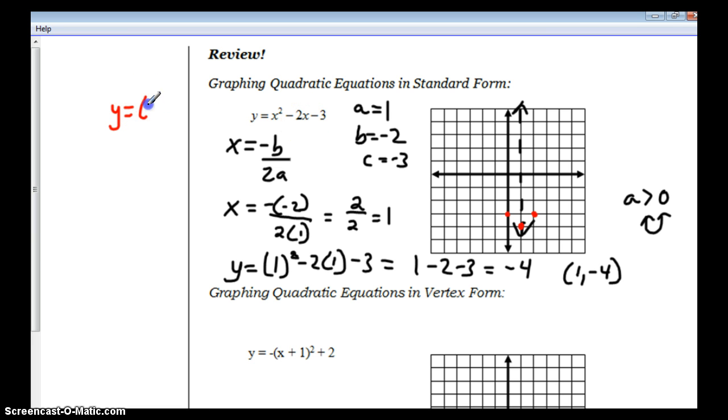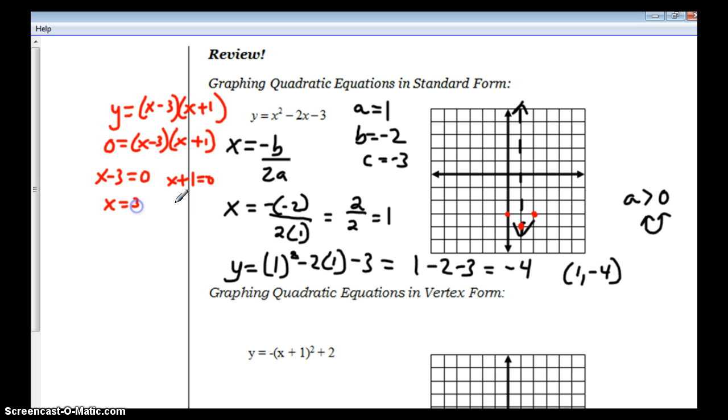So I could factor that as (x minus 3)(x plus 1), and then set each factor equal to 0. We have to find the zeros. So we'd have x minus 3 equals 0 and x plus 1 equals 0.